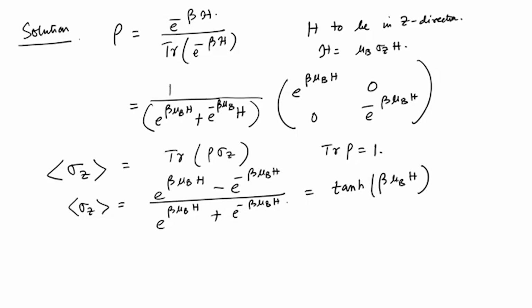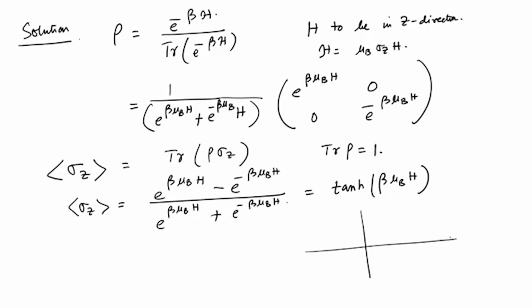We might have written it with a mu 0. This is the magnetization for these non-interacting spin half objects kept in a magnetic field, and we have shown that this really looks like the tan hyperbolic function, which takes values plus and minus, with beta mu b h and minus beta mu b h on the axis, and tan hyperbolic of that on the y axis.